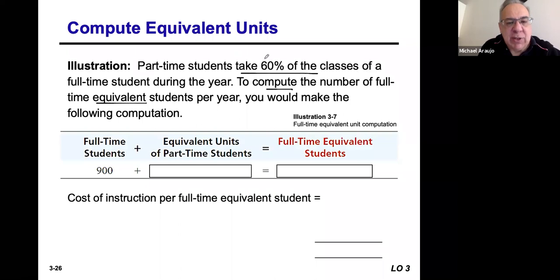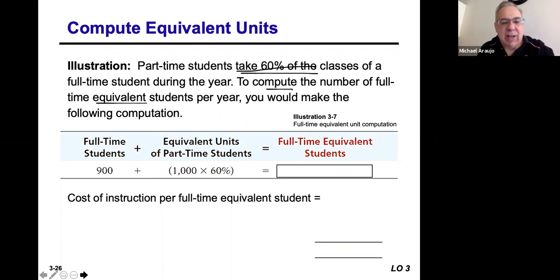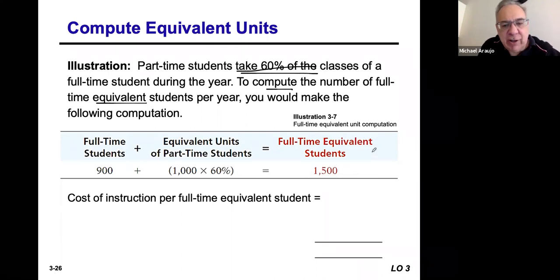So part-time students, there are 1,000 of them, but they only take 60% of the classes of a full-time student load. So basically, a part-time equivalent student would be the 1,000 part-time students times 60% of a full-time load, which is the same as 600, right? So this college has 1,500 full-time equivalent students, okay?